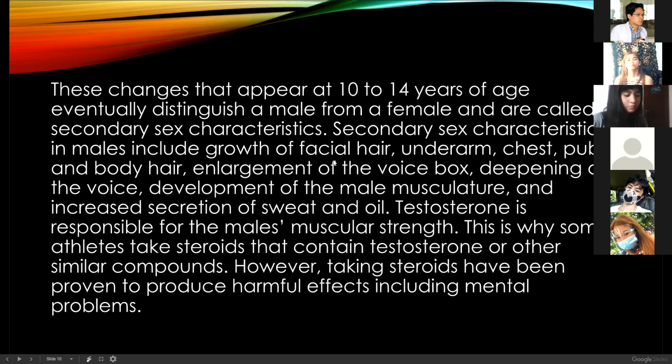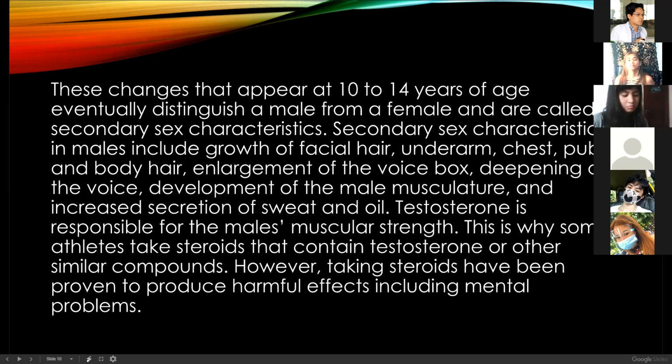Secondary sex characteristics in males include the growth of facial hair, underarm, chest, pubic, and body hair, enlargement of the voice box. That is why in males the voice box is enlarged, and deepening of the voice, development of the male musculature, and the increased secretion of sweat and oil. So oily na.